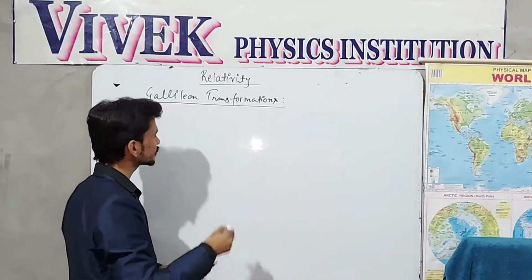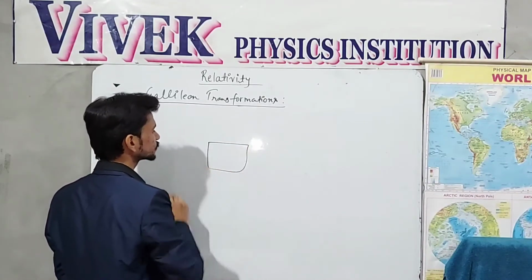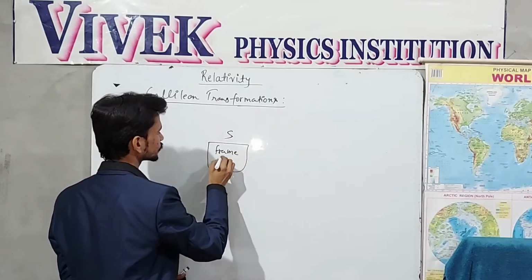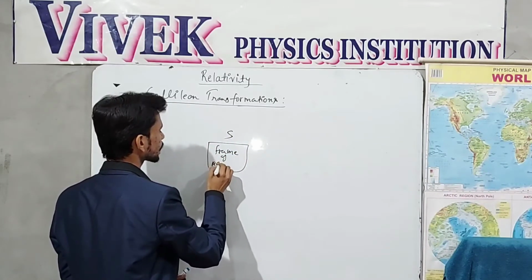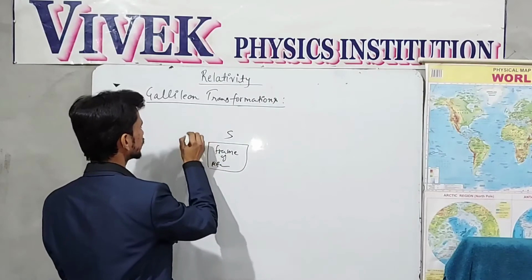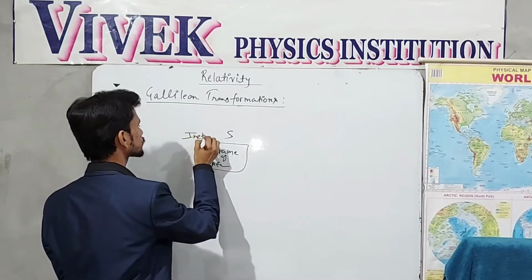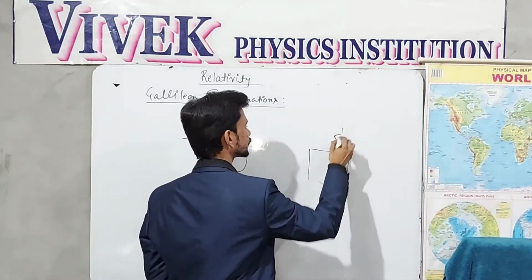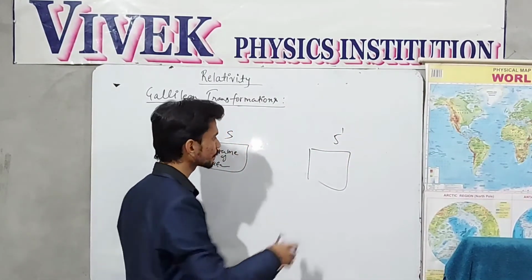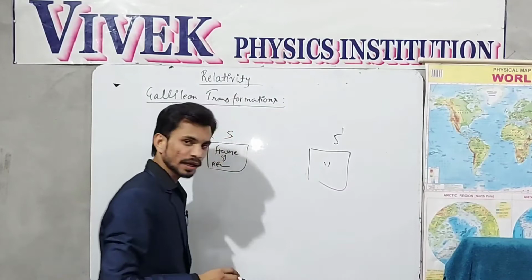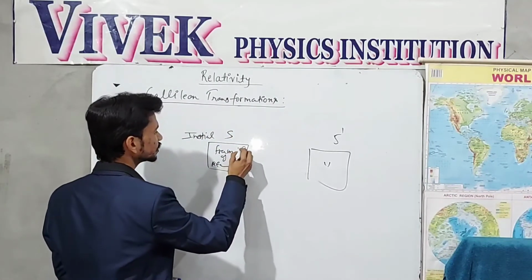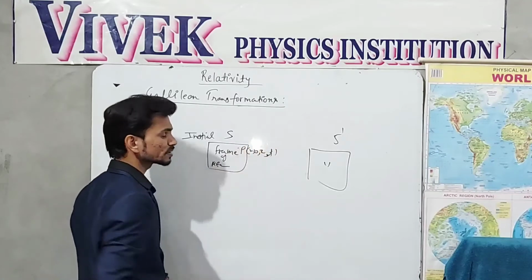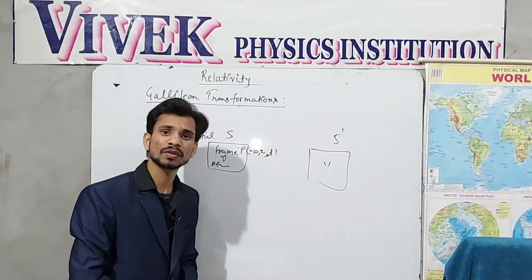So I am writing it as, if there is an S frame of reference, and it is an inertial frame of reference, and this is another kind of frame of reference, this is S dash, and there is a particle P here whose positions are x, y and z, and in time it is t, space time at t.